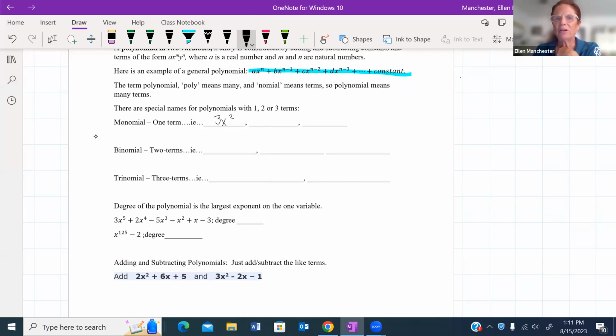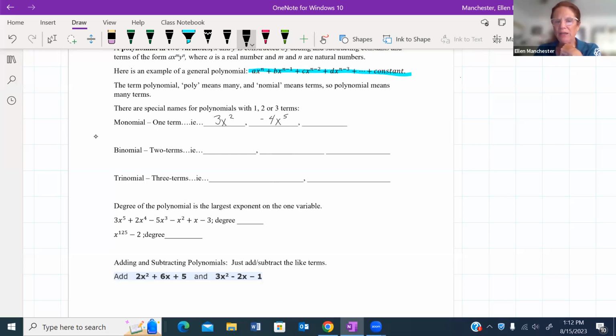I could have -4x to the 5th. So again, as long as my a value is a real number, and my exponent is a natural or counting number, it's considered a polynomial. So this is 1 term.